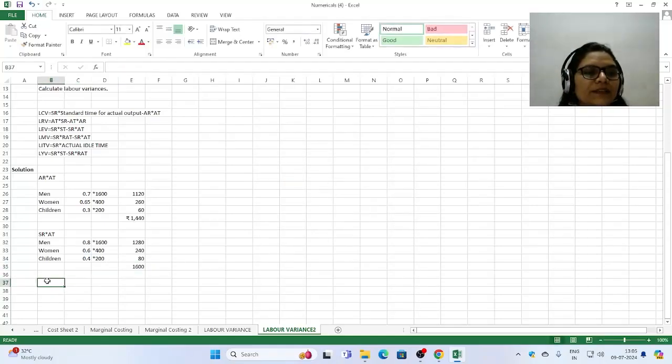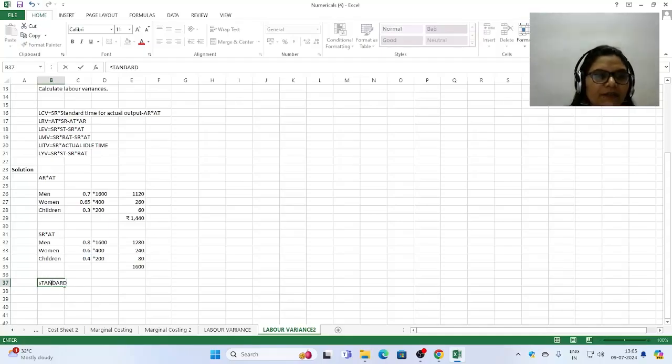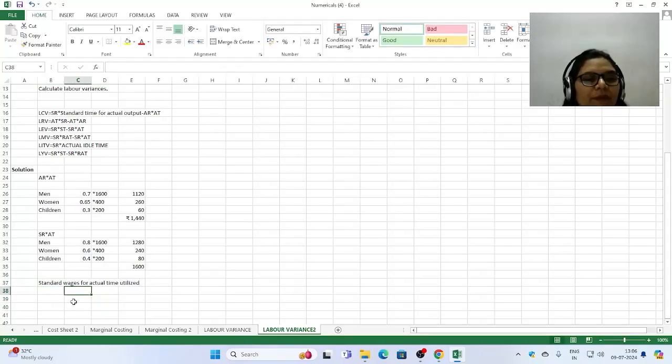Now next is standard wages for actual time utilized. Why do we emphasize so much on actual time utilized in case of labor variances?